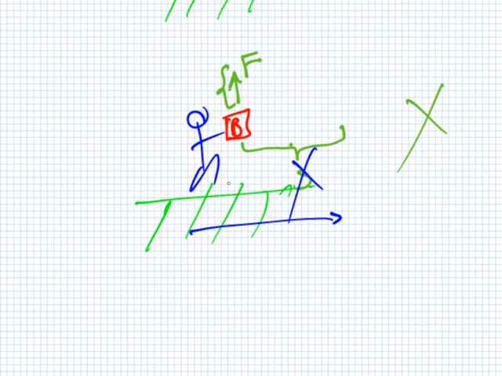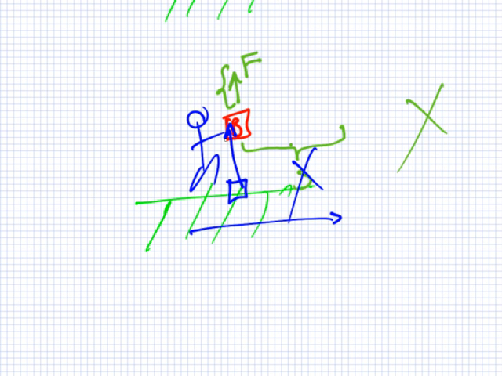The father did work to move the boy up here, but once the boy is on his shoulders, he's not doing any more work. Now, you and I both know that's not true because it feels heavy for him. So there is a little bit of work being done because the boy's height is changing as he walks. Because he's moving, there's a small distance as he walks.